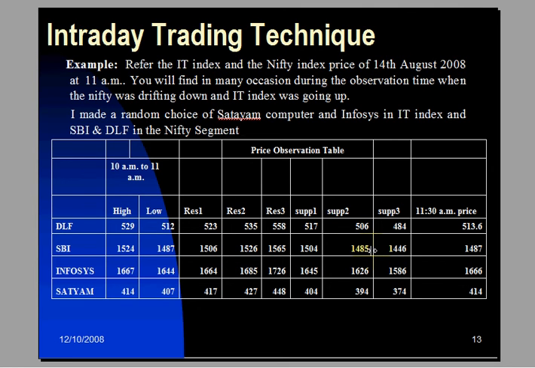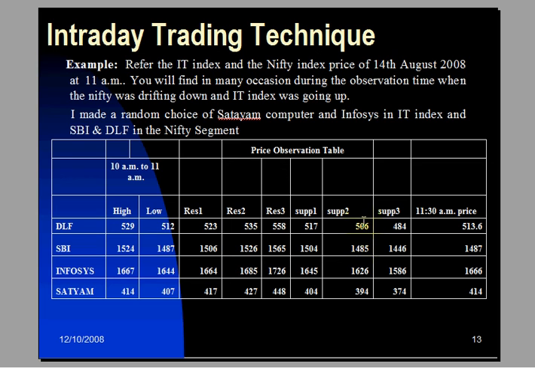Hence, it looks weak for the day. DLF was trading at 513.6, which is also just 1 rupee 60 paisa above its low. However, it was much above its second support point, which is placed at 506.